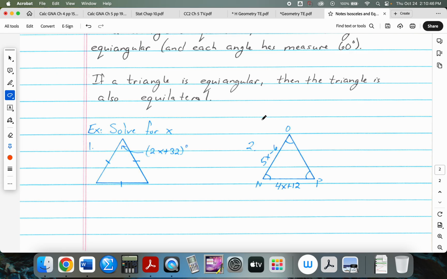So here, if we know that this triangle is equilateral, all the sides are equal, we know that it's equiangular, and all the angles have a measure of 60. So 2x plus 32 is going to be 60. So that's 2x is 28. Divide and we get x is 14.